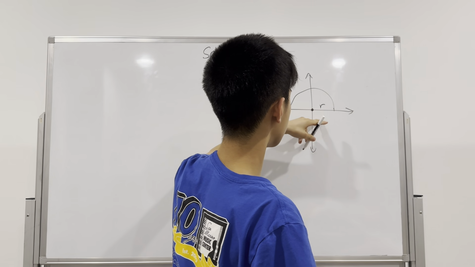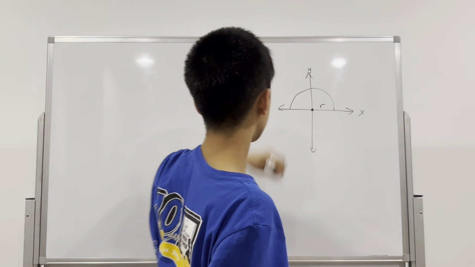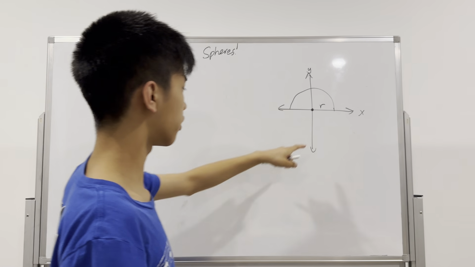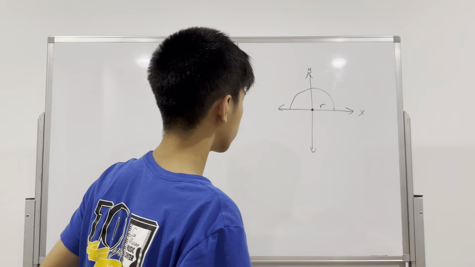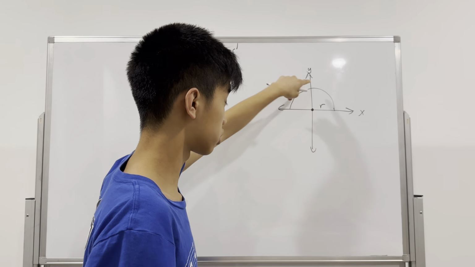In order to find the arc length of this, first of all, we're just drawing a half circle.